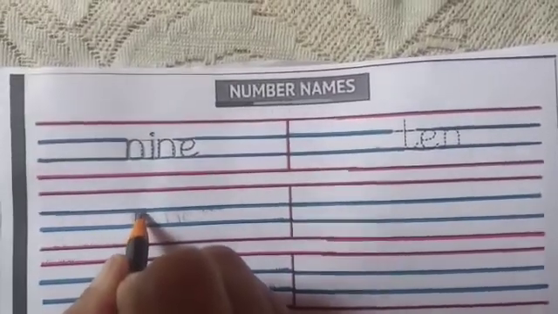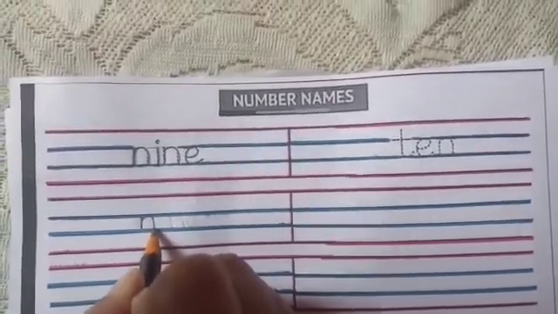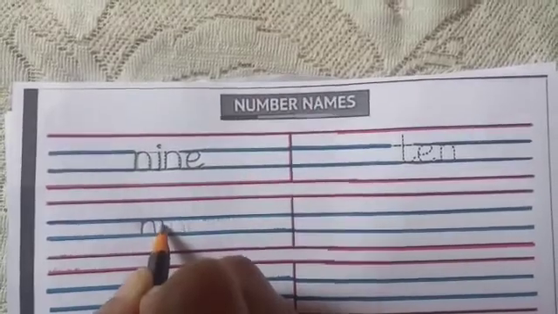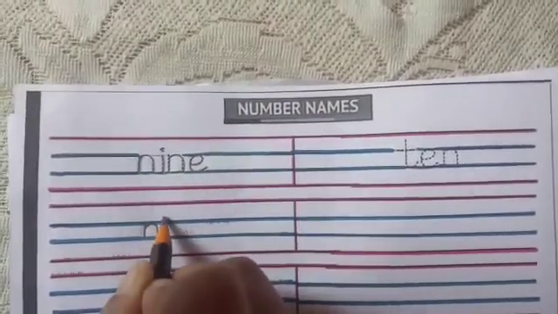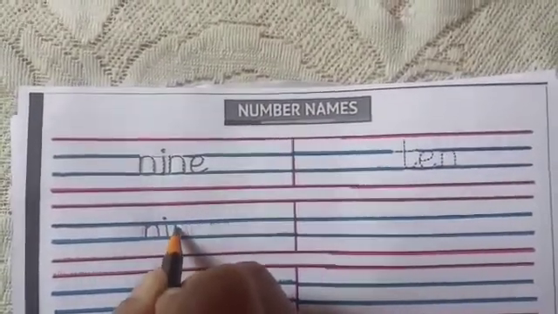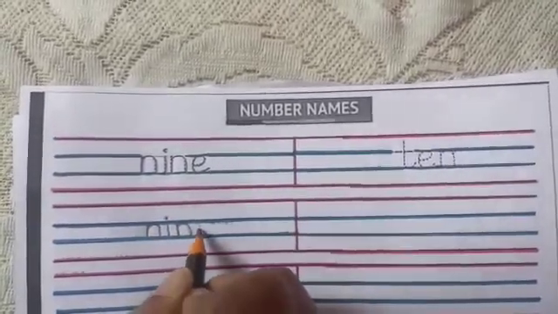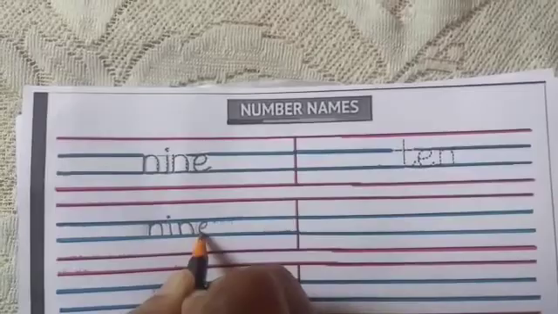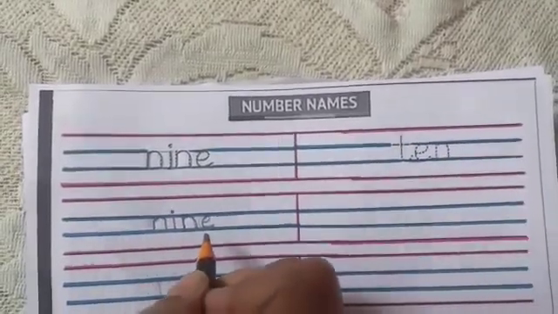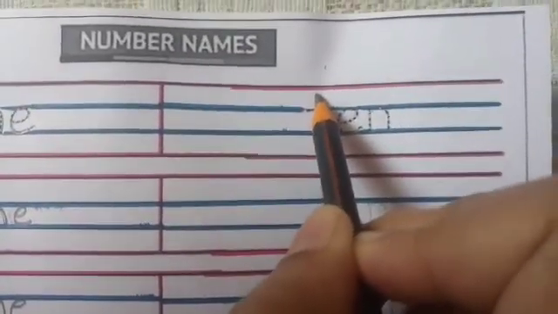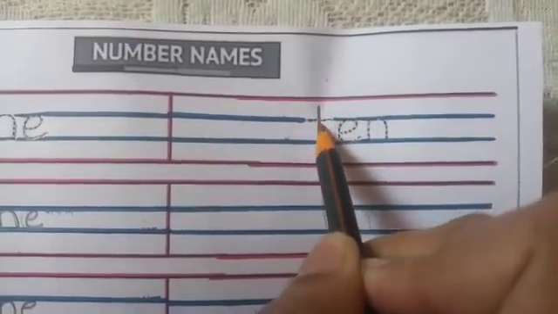Now in the same formation, let's write it on the next line. N, I, N, E, 9. Now we shall trace number 10. Keep your pencils below the red line.